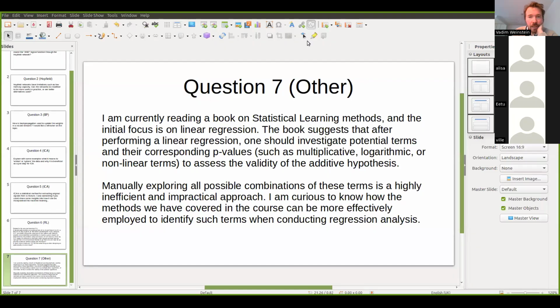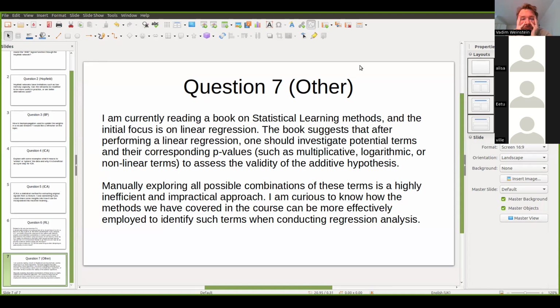Okay, the last question. I can show it, but I'm afraid I don't know if I can even answer. I'm currently reading a book on statistical learning methods, and the initial focus is on linear regression. The book suggests that after performing a linear regression, one should investigate potential terms and their corresponding p-values to assess the validity of the identified hypothesis.